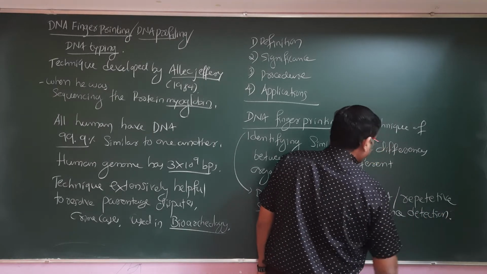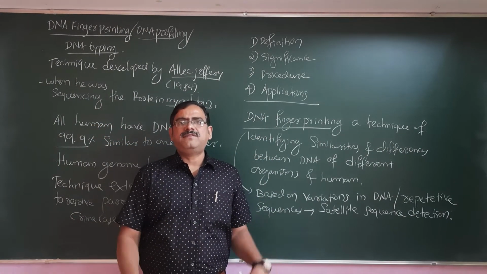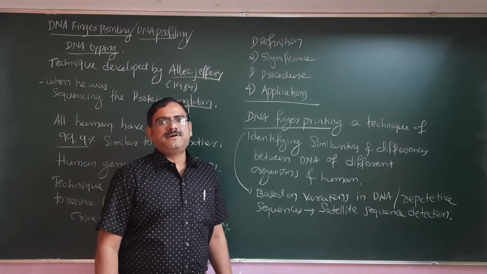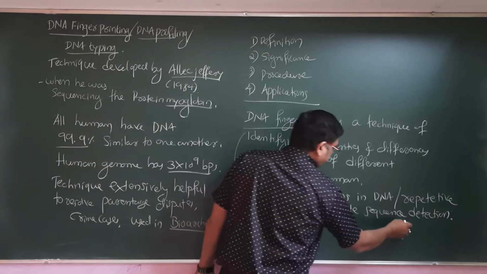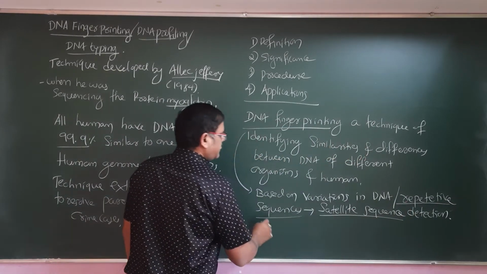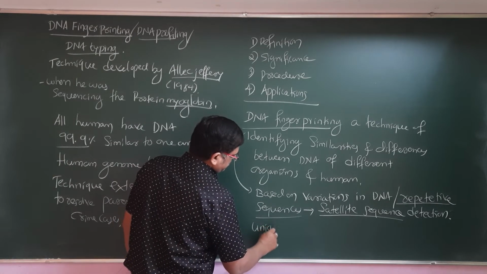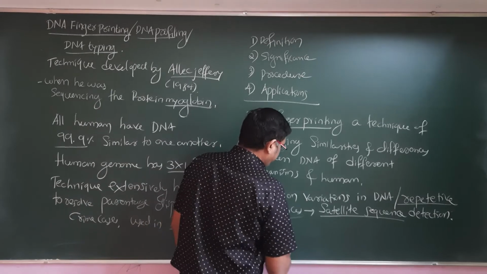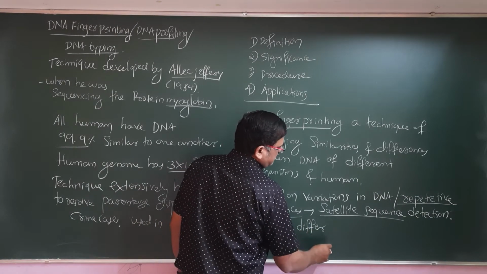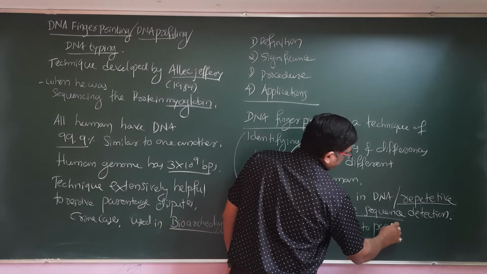The satellite sequences are very, very unique. Repetition of these sequences is very unique. They differ from person to person. So repetitive sequences or satellite sequences are unique and differ from person to person.